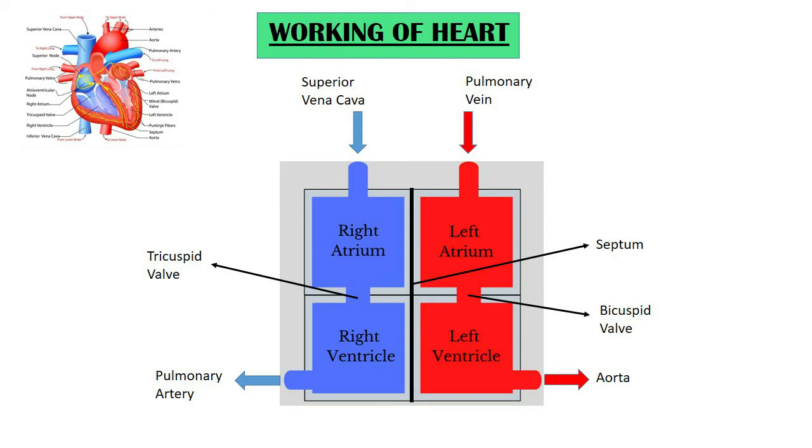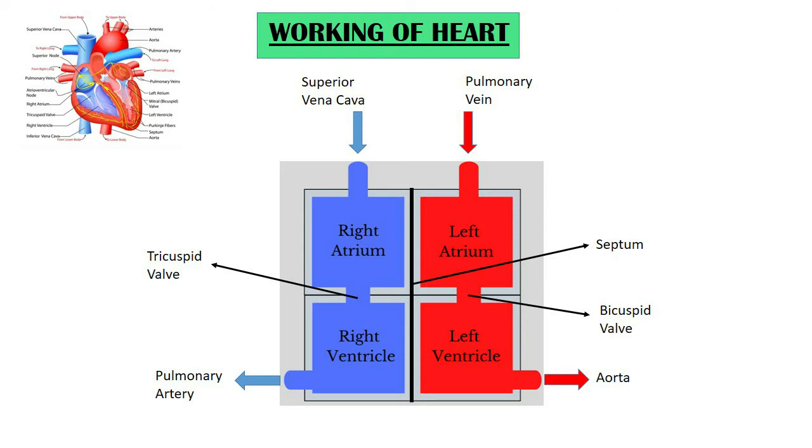Now, when the atriums contract, ventricles are relaxed. So, when atriums contract, the blood from the upper chambers flows to the lower chambers through the valves, that is tricuspid valve in the right part and the bicuspid valve in the left part.